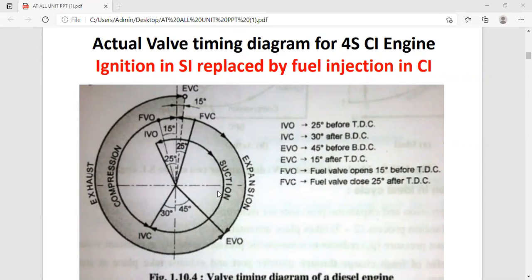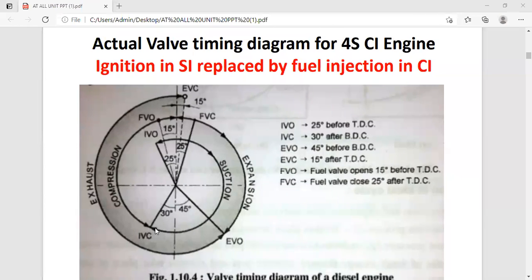This stroke is called the suction stroke, and during it the charge is introduced inside the combustion chamber. So this is the valve timing diagram for the diesel engine, and you can observe the various strokes as we discussed previously in the case of the petrol engine.